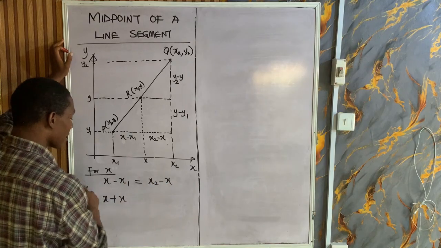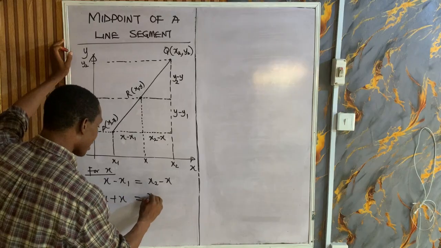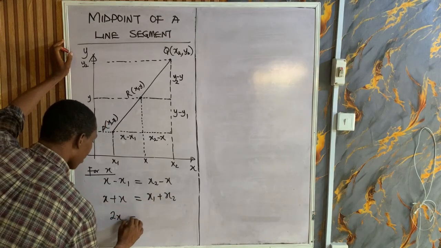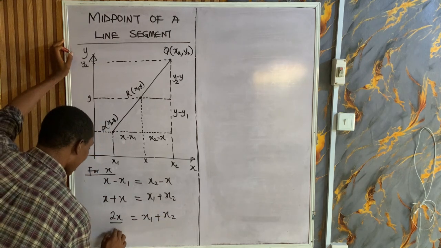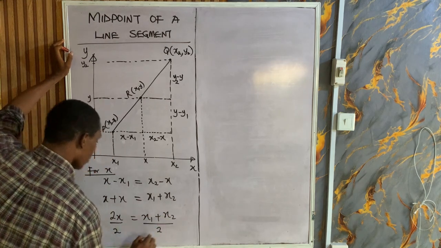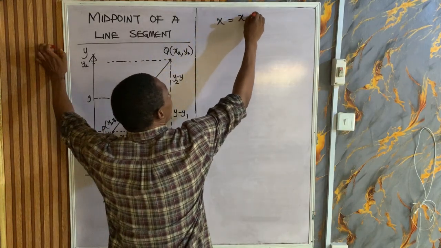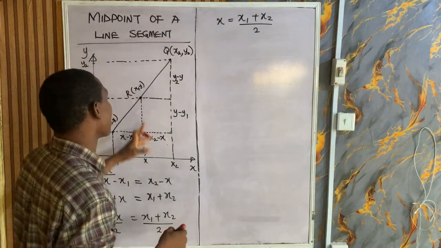And you bring this minus x to this side, that will be plus x. Is equal to, this x1 will come and become x1 plus x2. Eventually, we have 2x being equal to x1 plus x2. And then if we divide both sides by 2, we would have our x being equal to x1 plus x2 over 2. So this is how we get our x for the midpoint.